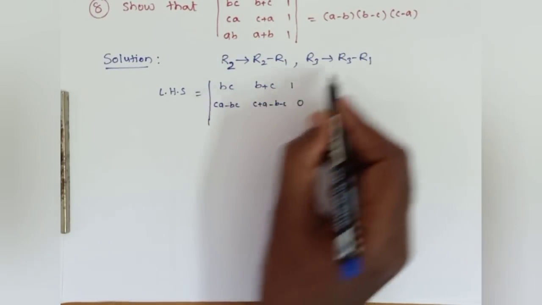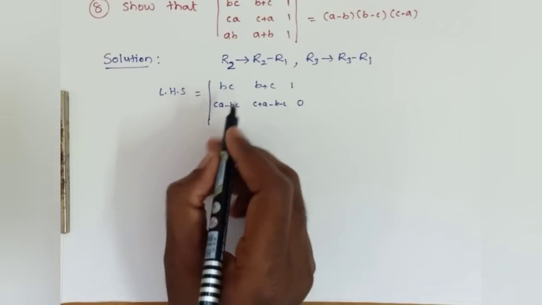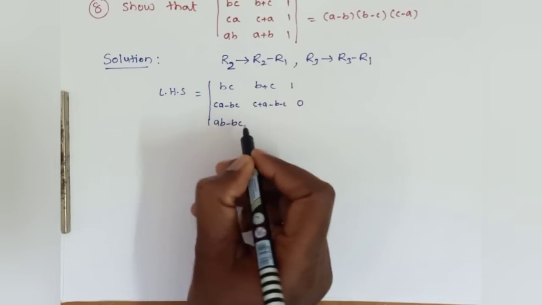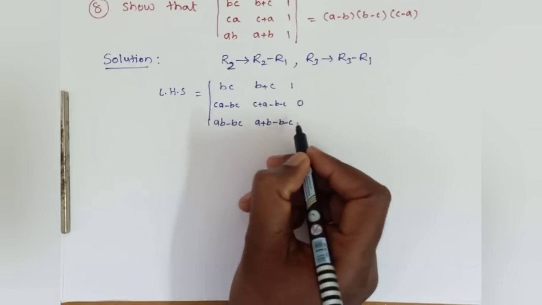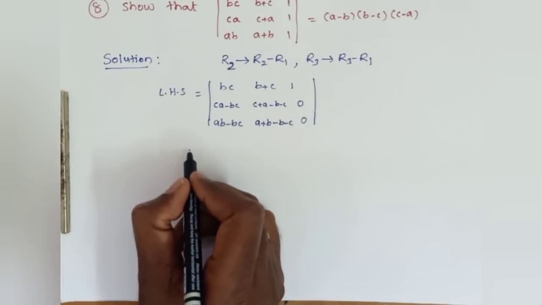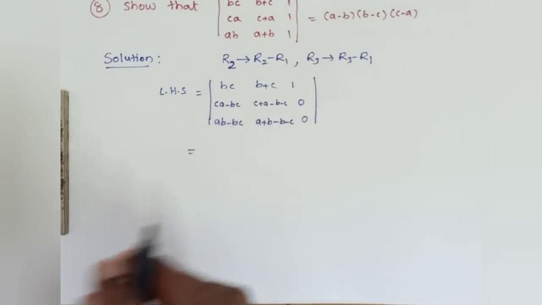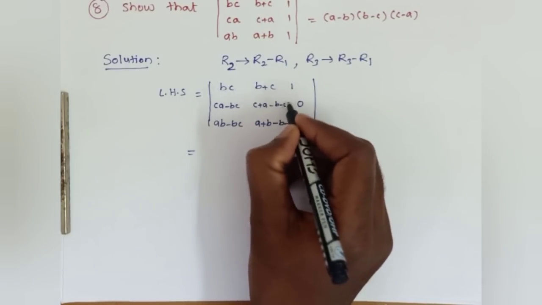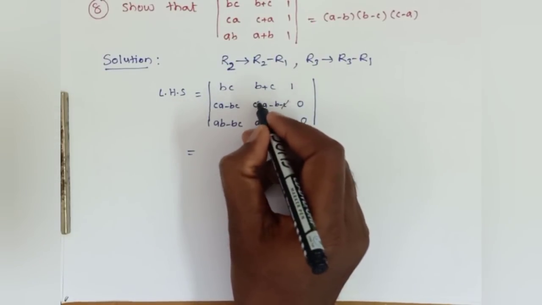Next for row 3, R3 minus R1: AB minus BC, A plus B minus B minus C, and 1 minus 1 is 0. And then the next thing we can see here is A minus C and A plus C, minus C and plus C.